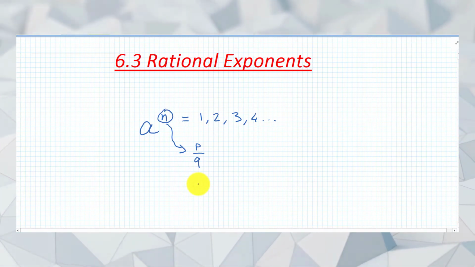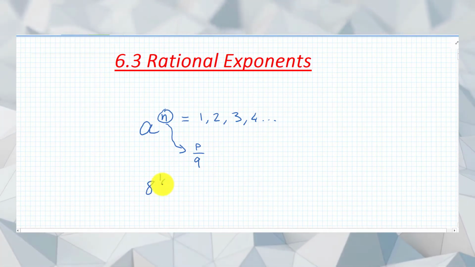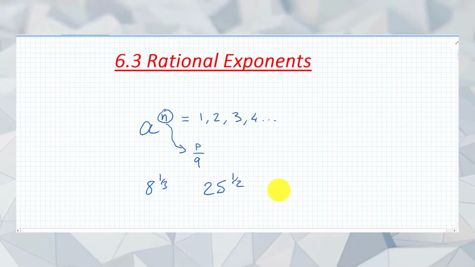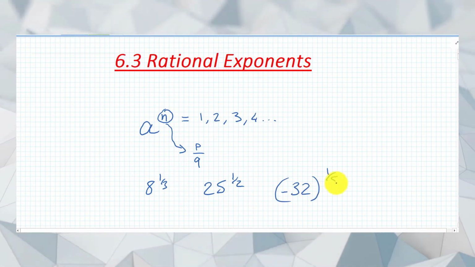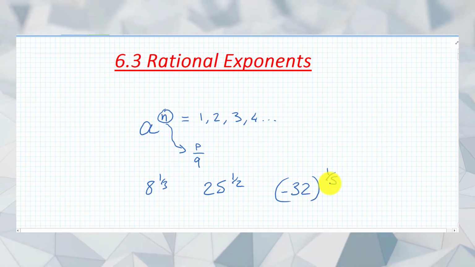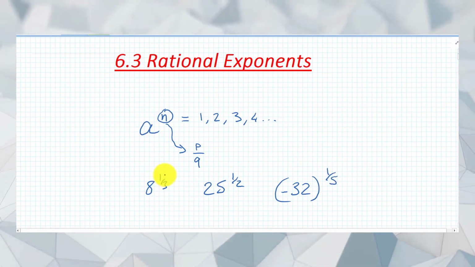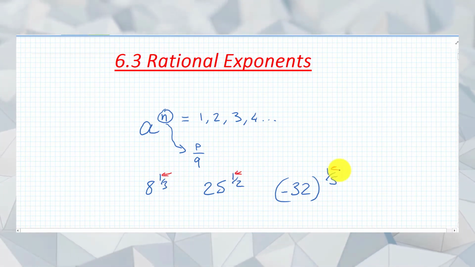In the first part of the lesson, I will define 8 to the 1/3, or 25 to the 1/2, or negative 32 to the 1/5. We'll understand what these numbers mean. So in the first part of the lesson, the numerators will always be 1.